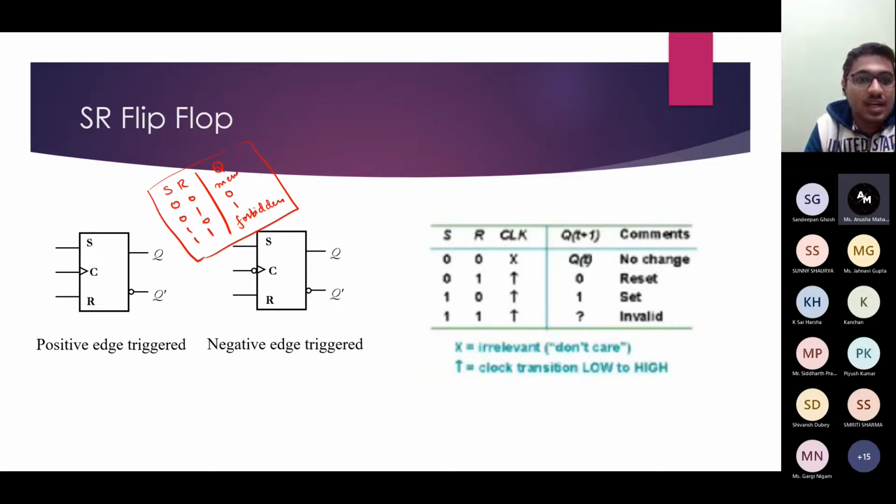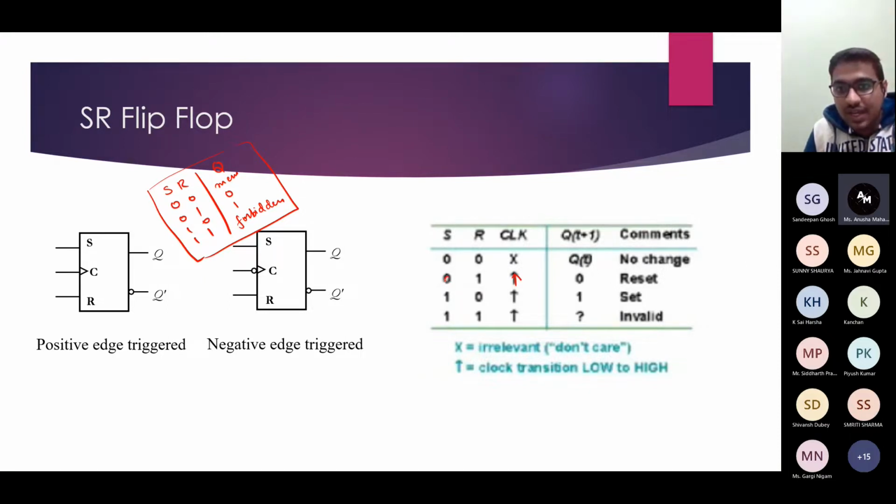Only thing is that output will be evaluated at only the active clock edge. So this is represented by this arrow. This means that it is positive edge triggered, that is, the active edge has arrived. So when this active edge arrives, that input will get evaluated.